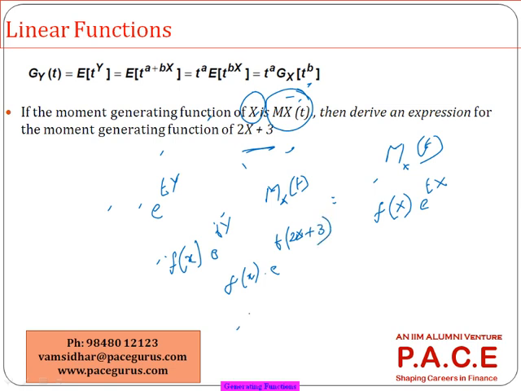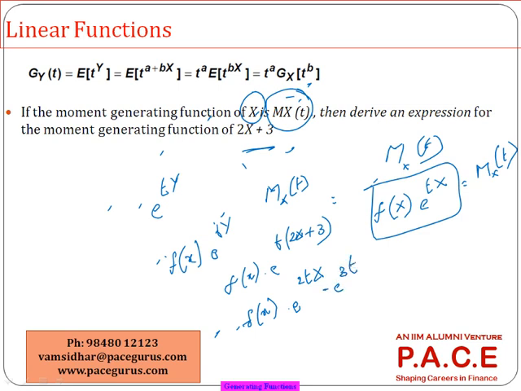Now I have to write it in this form because this part is nothing but M_X. So how do I write it here? f of x e power 2tx into e power 3t.